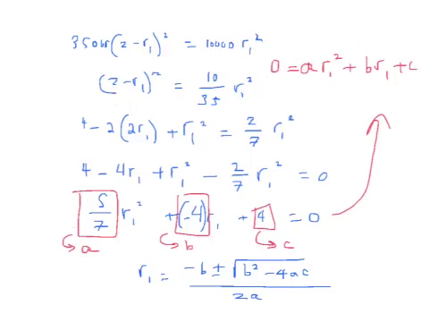And what you get when you solve it this way is, as the two solutions, because every quadratic equation yields two solutions, 4.3 meters as R1, or 1.3 meters, right?